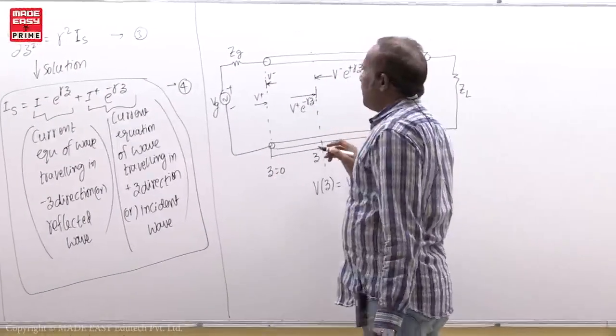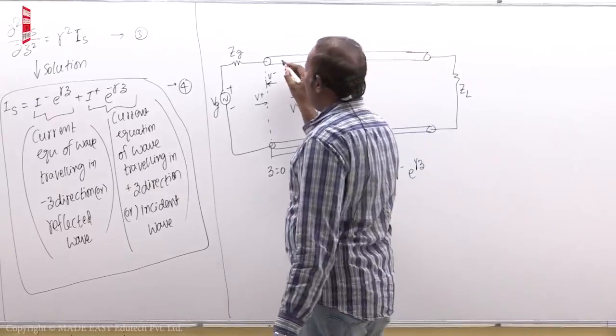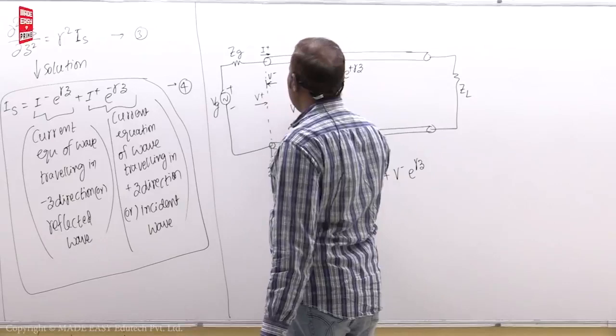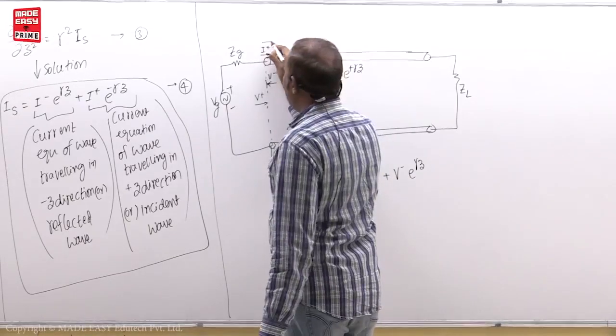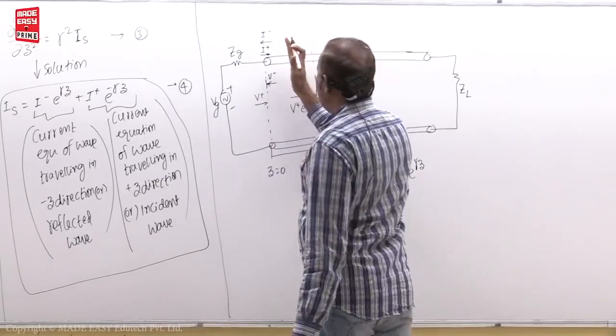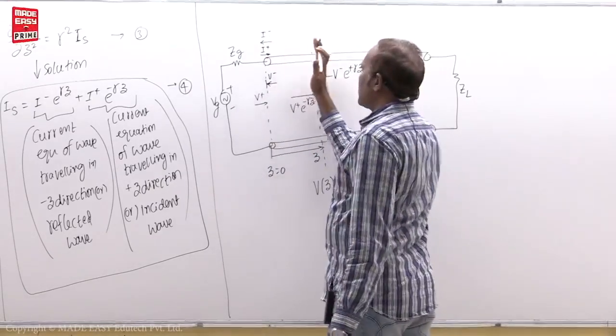Now, similarly, for the incident wave at z equal to 0, the current is I plus, and for the reflected wave, the current is I minus. In the same way you will write the equations here.